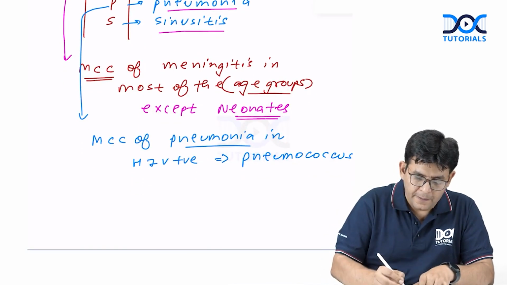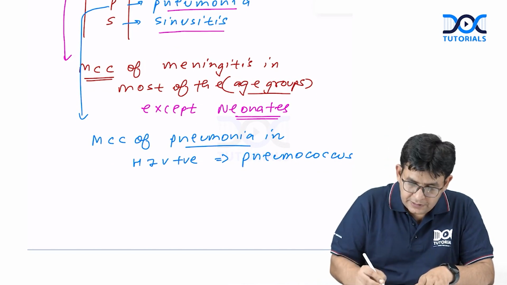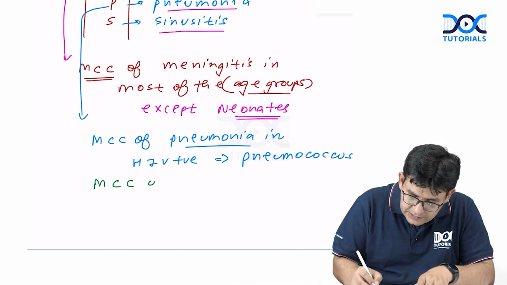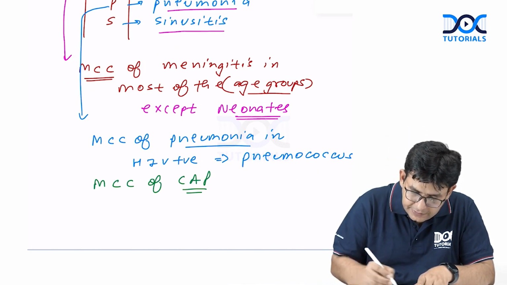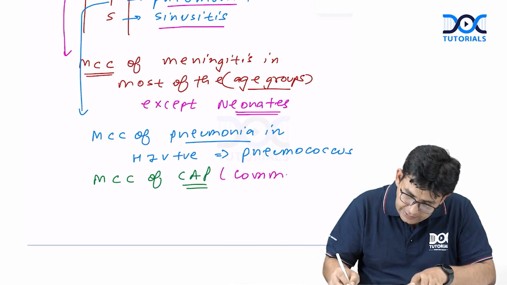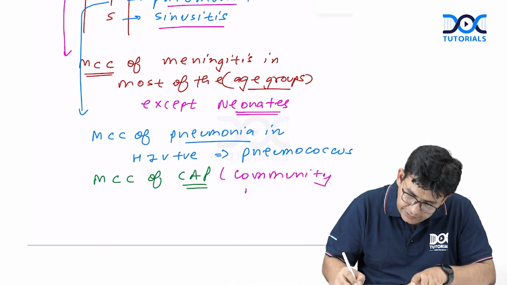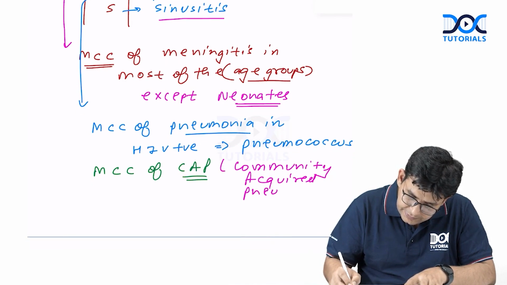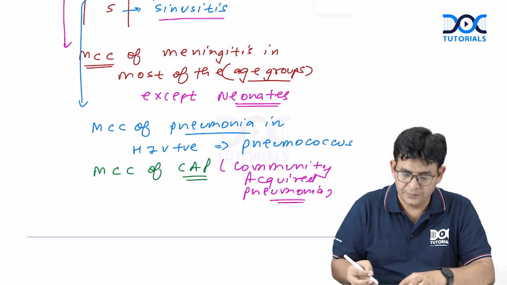Okay. Recently asked question: most common cause of CAP. What is CAP? Community acquired pneumonia. The most common cause of CAP is pneumococcus.